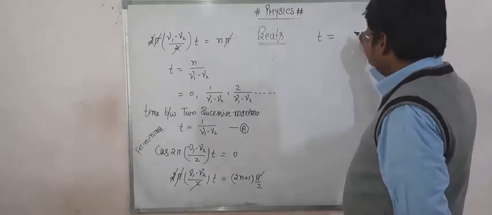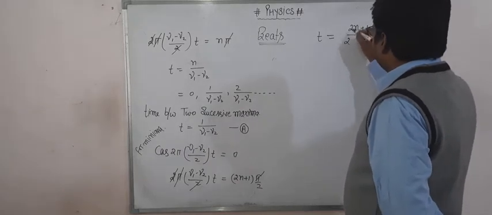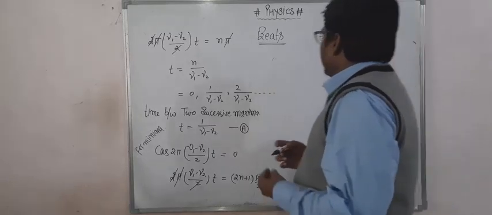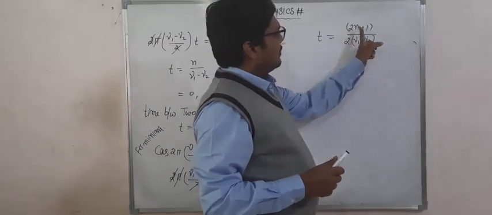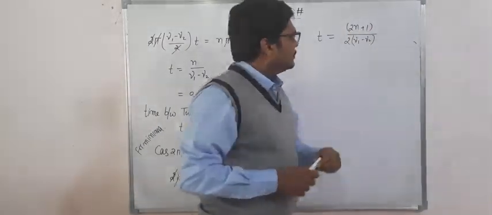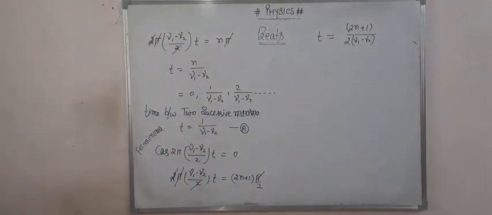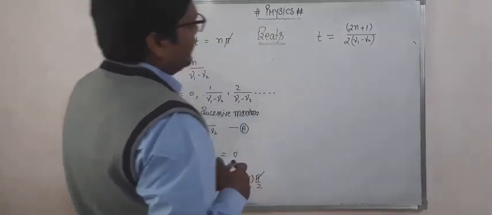t will be (2n plus 1) upon 2 (nu1 minus nu2). For n equals 0, you get 1 upon 2. For n equals 1, you get 3 upon 2. Very clear now?